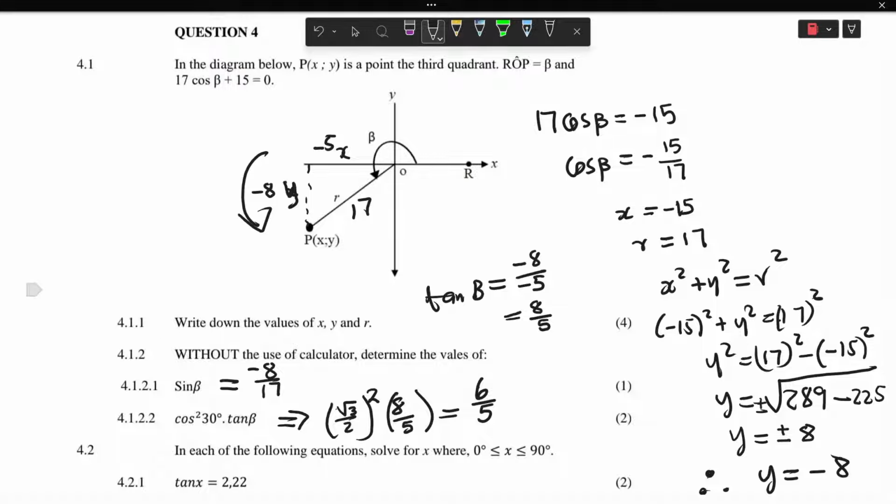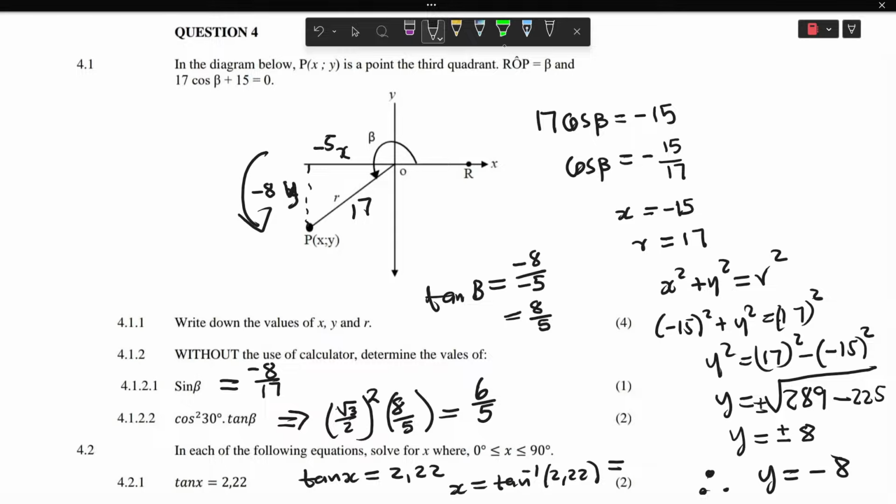All right, so our last question that we're going to do is this one. x is equal to 2.22. How do you solve for this? It's x is equal to arctan 2.22. Then you press your calculator. Arctan 2.22.